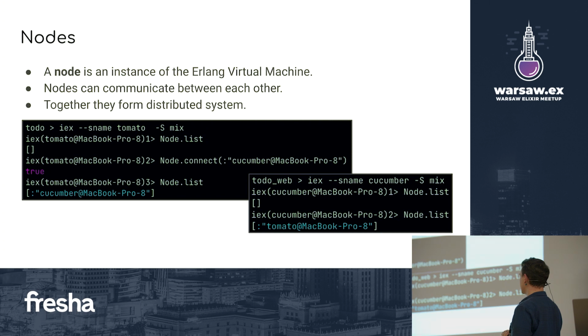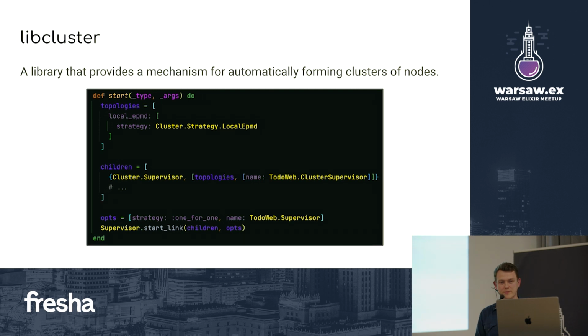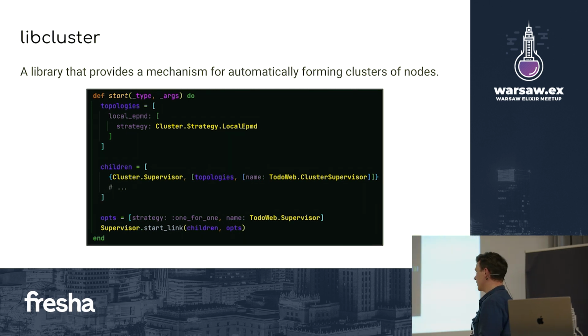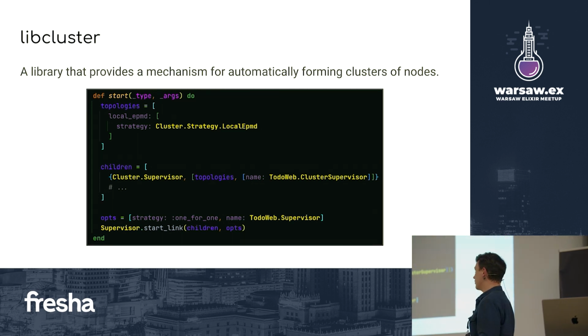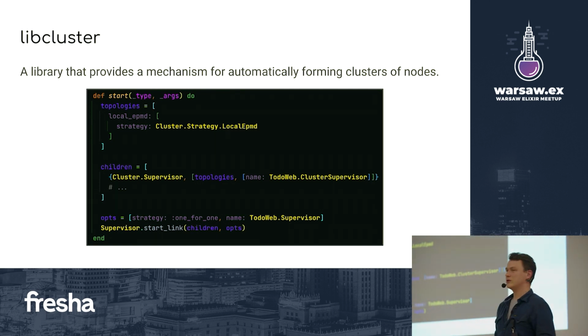When you connect it, it appears here and on the second node as well. So two nodes are connected. That was a simple example, but apart from being simple, it was also very manual.